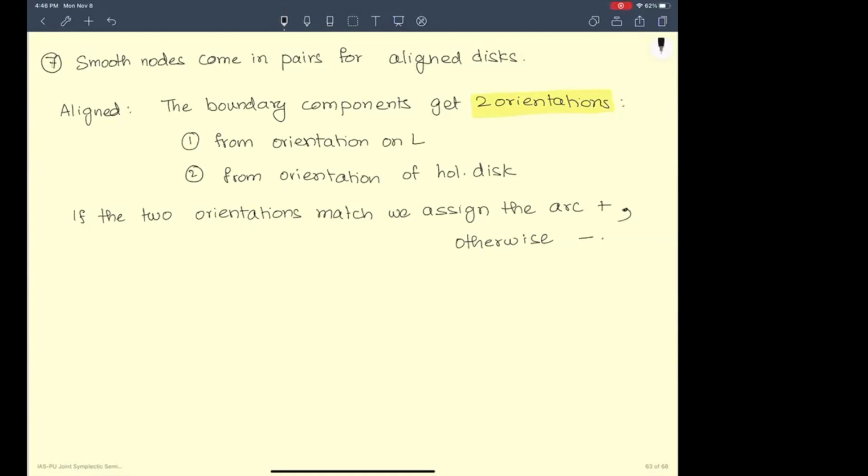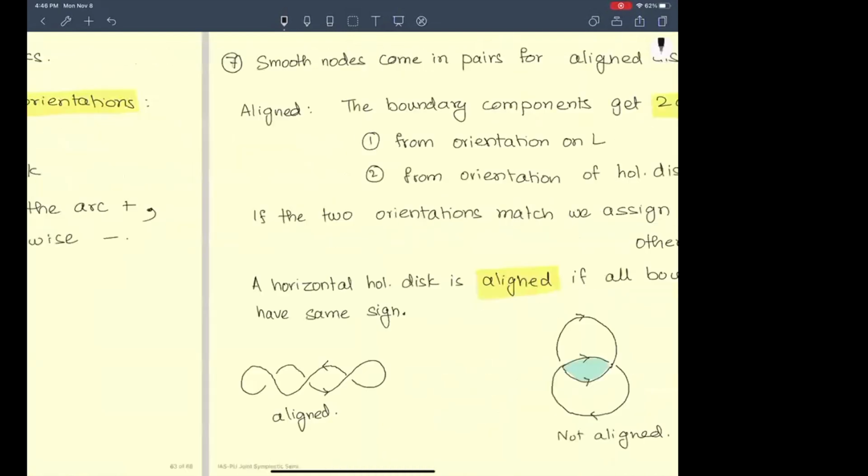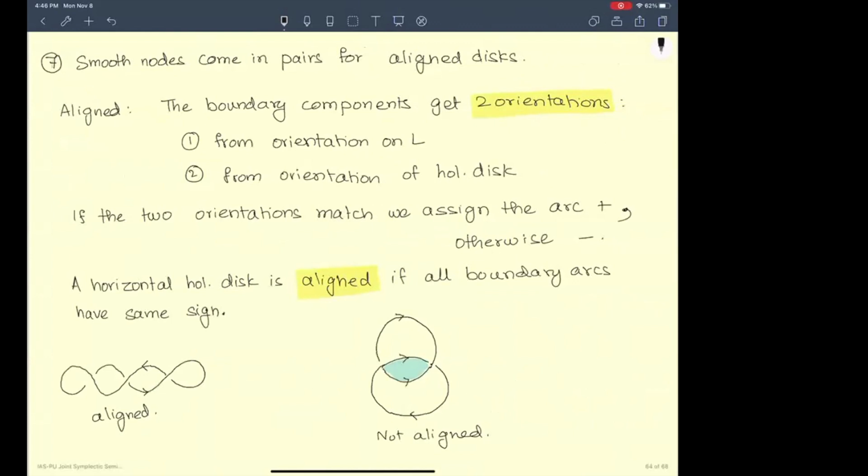And if they match, we say plus. If they don't match, we say minus. But we want to say they're aligned if all the boundary arcs have the same sign. So this one is not aligned because that's the orientation on the Lagrangian, but the holomorphic orientation is this way. But here everything's aligned in this one.